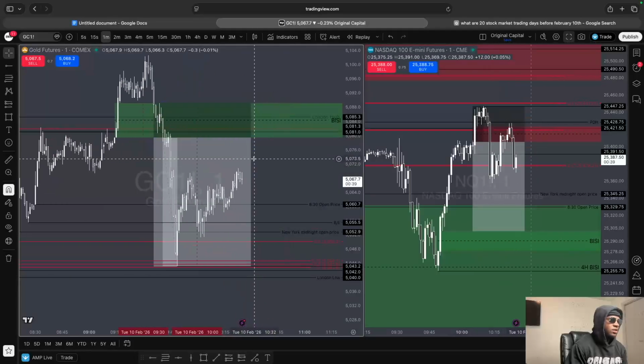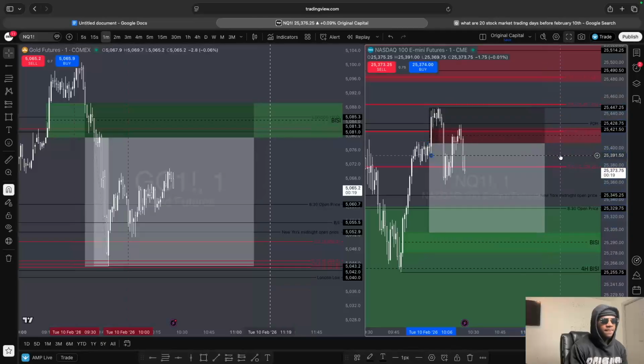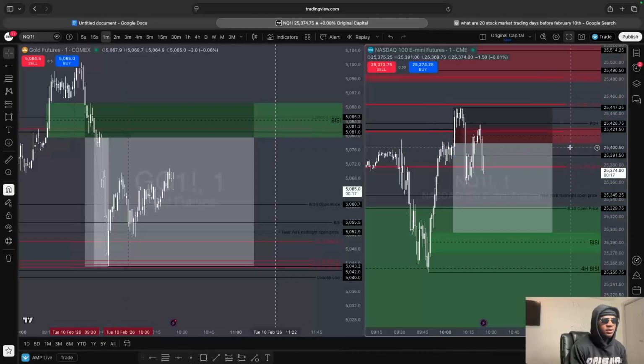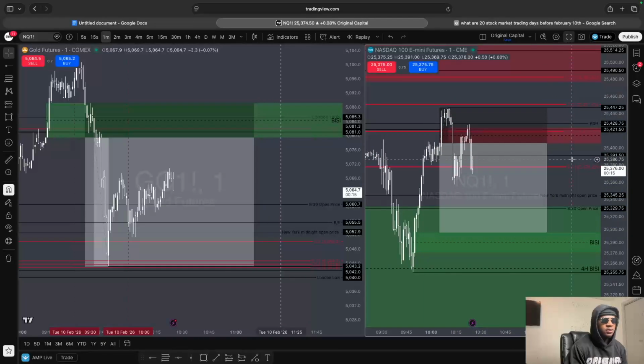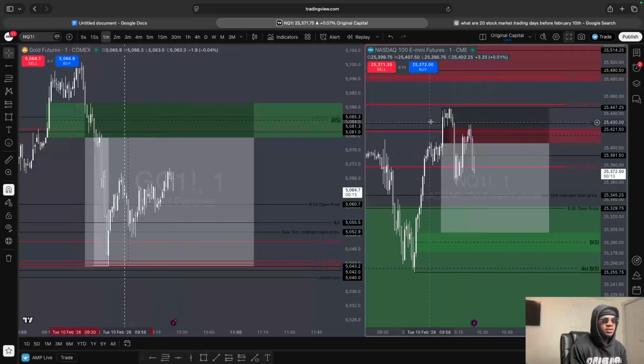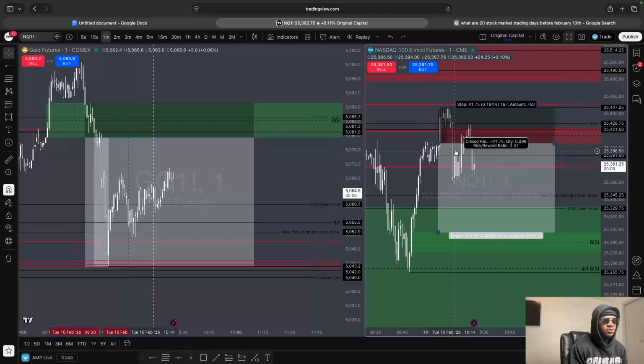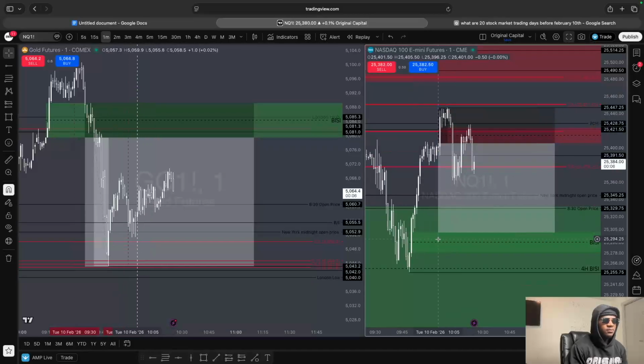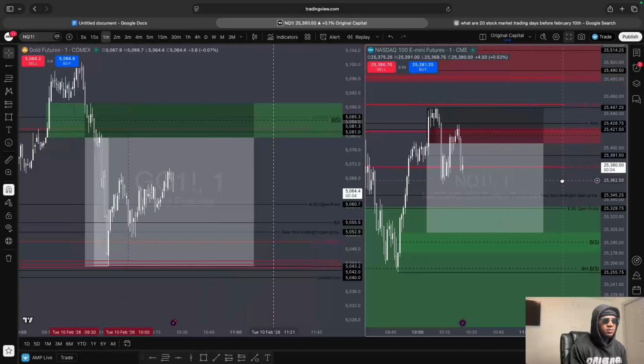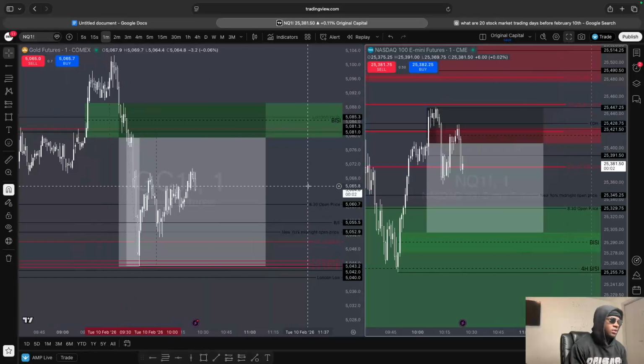But these shorts did look good on gold, right? And my initial bias on NQ was bearish. Till we take out these red typical highs, we've got all the models we want to see. We got model 2022, boom, we got the Venom. I don't care which one it is, but these shorts on NQ do look good.